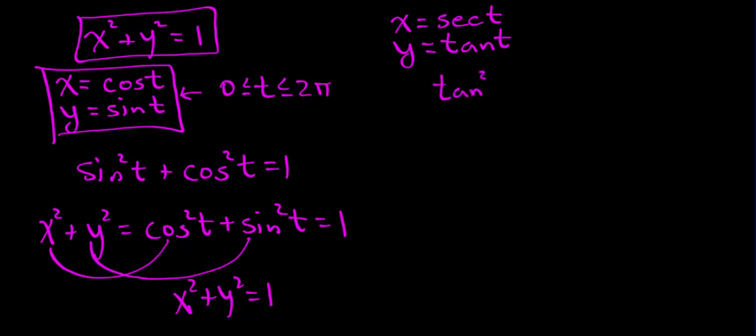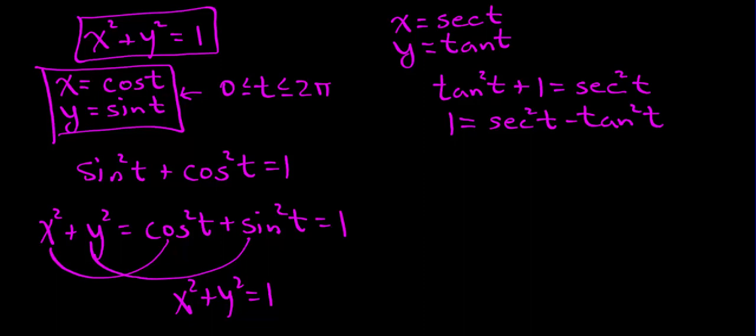We have tangent squared t plus 1 equals secant squared t. And I could write that as 1 equals secant squared t minus tan squared t. So that's a Pythagorean identity for secant and tangent.